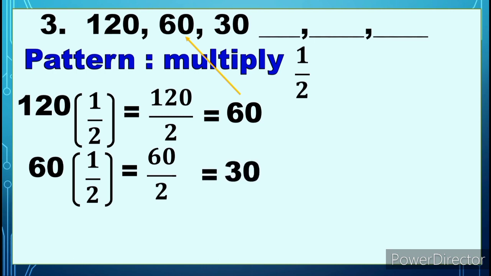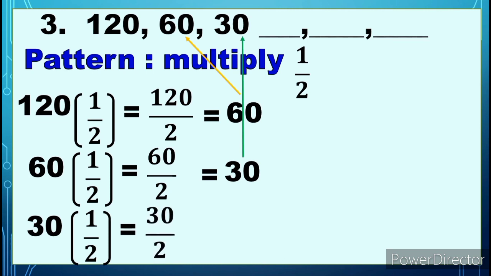Simplify, 60 divided by 2 is 30. And to find the next term, let's have 30 times the pattern 1/2 equals 30 over 2. Then simplify, 30 divided by 2 equals 15. And 15 is the next term.